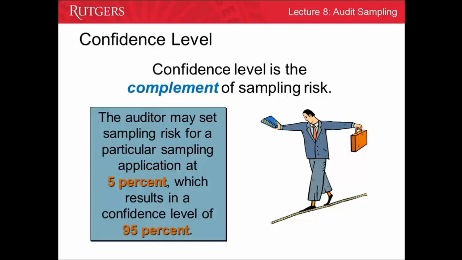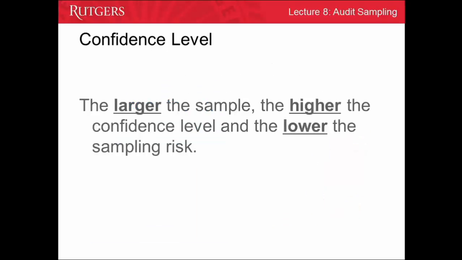For example, the auditor may set sampling risk for a particular sampling application at 5%, which results in a confidence level of 95%. The confidence level and sampling risk are related to sample size. Typically, the larger the sample, the higher the confidence level and the lower the sampling risk.